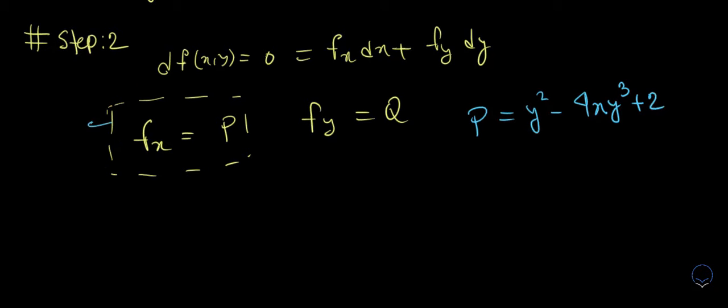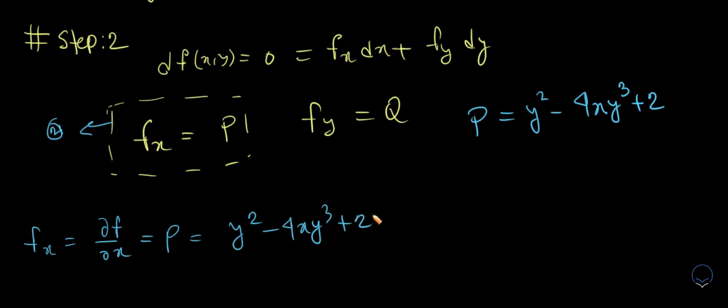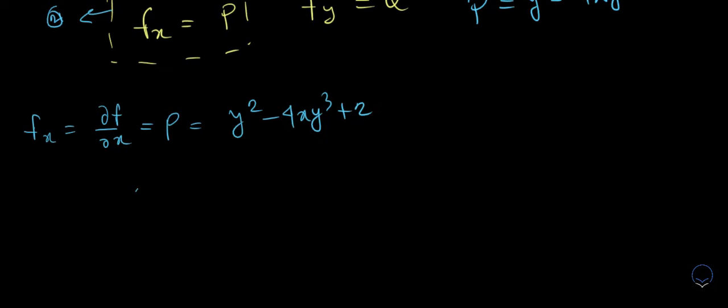So this equation over here, let's call this equation 2, and this is giving us, sorry, not df, rather the partial f_x, which is the partial derivative of f with respect to x, as P, which is equal to y squared minus 4xy cubed plus 2, right?